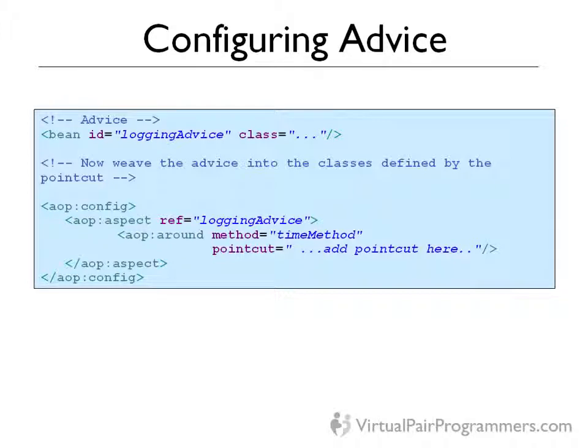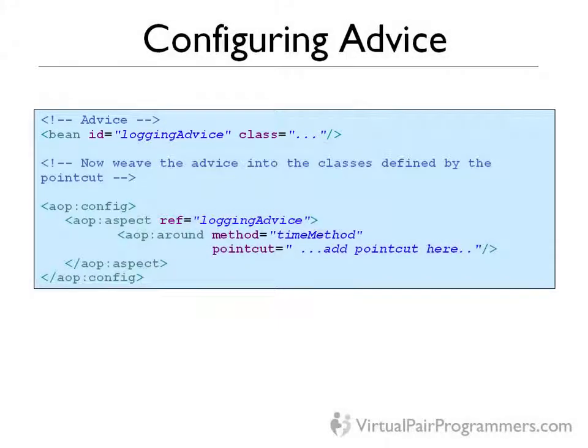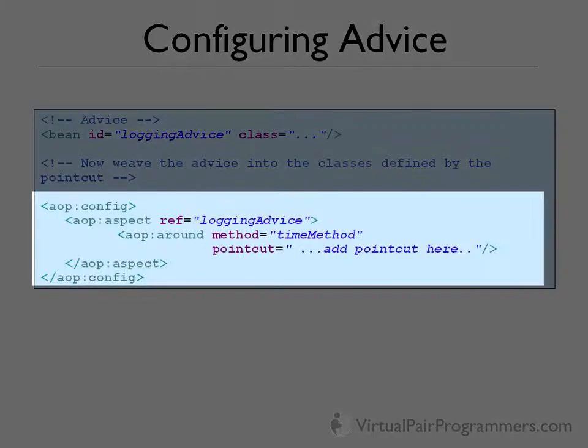And these new tags are much more powerful than the old bean tag. They can do a lot more stuff. Now what I'm showing you here on this slide is, well, first of all, I'm declaring my advice bean exactly the same as I did before. But here in this block, I have a completely new block of Spring configuration.